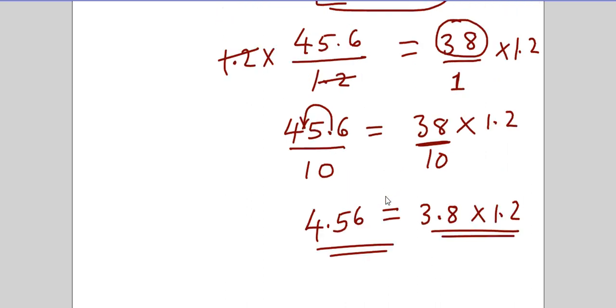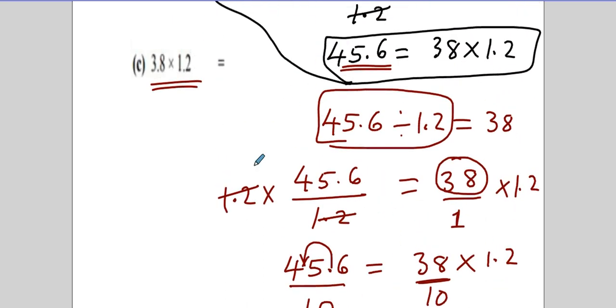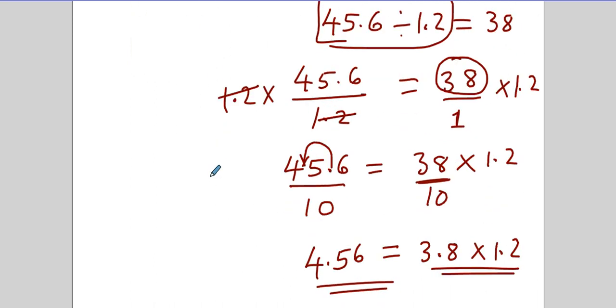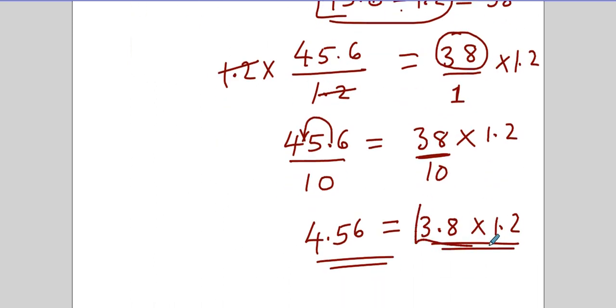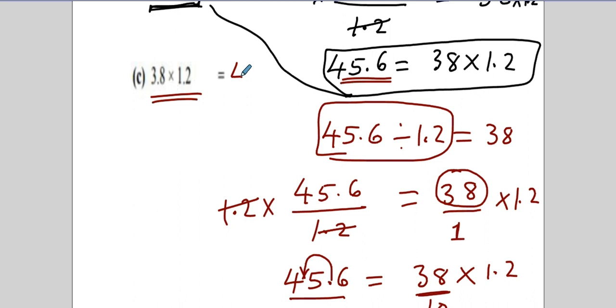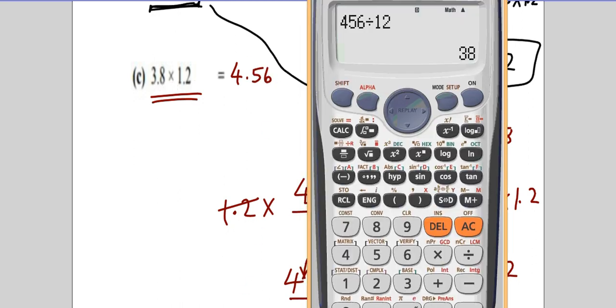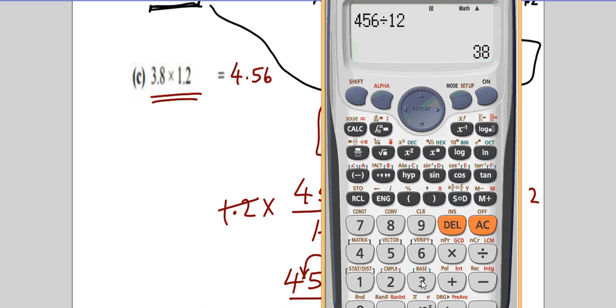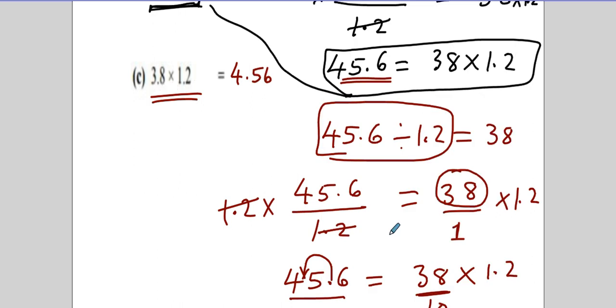Now, if you go back to the question, you find that 3.8 times 1.2, the answer is 4.56. So here you write, the answer is 4.56. And you can pause the video and try to check your answer using a calculator. That will be 3.8 multiplied by 1.2. What is the answer? So it is 4.56. So we are correct.